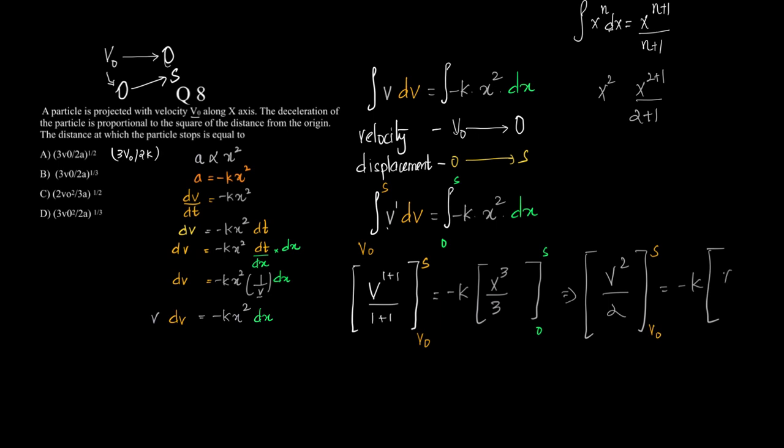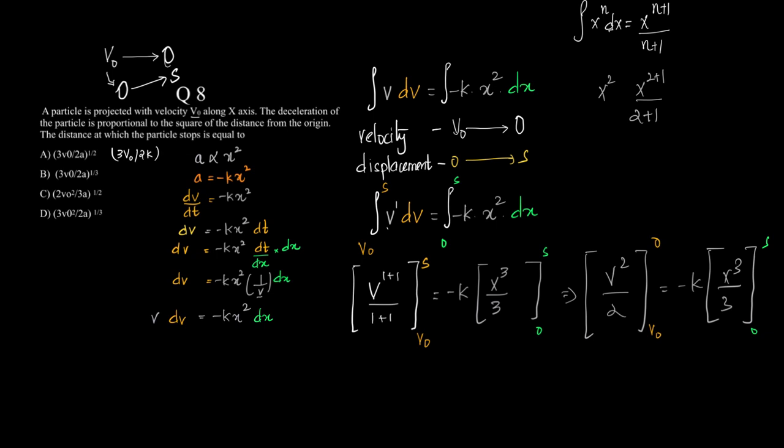It becomes minus x cube into x cube by 3 varying from 0 to s. Okay, not v0 to 0, right? I made a mistake. It's not v0 to s, it is v0 to 0. All right.